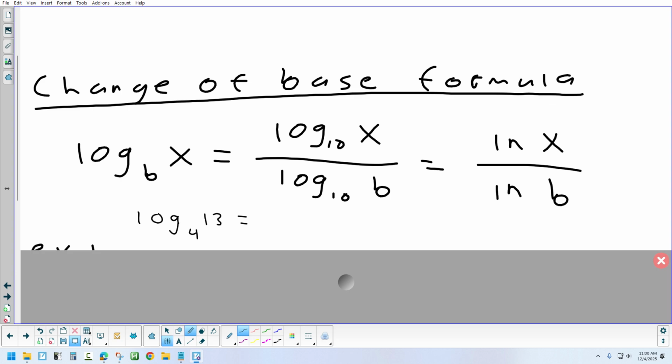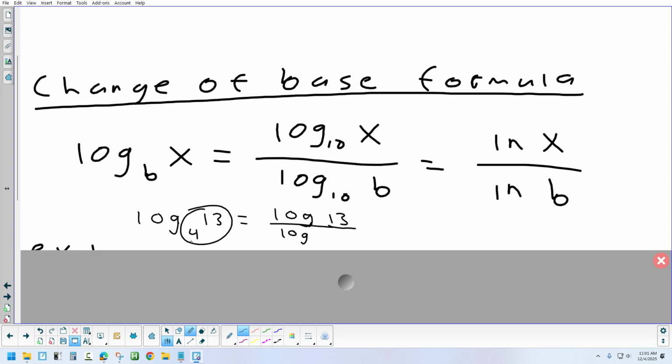You can write this as log over log. And it is important which number goes on the top. So if you look at these two numbers, the 13 and the 4, which one is higher? The 13. So because that one was higher, the 13 goes on the top.